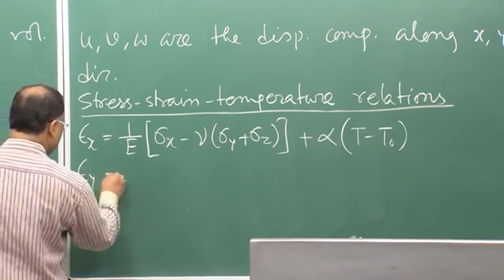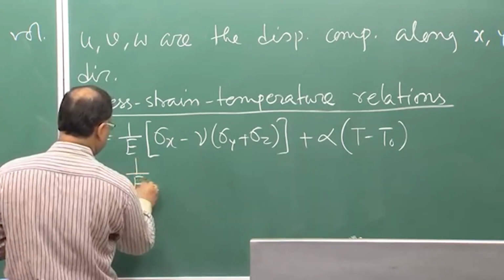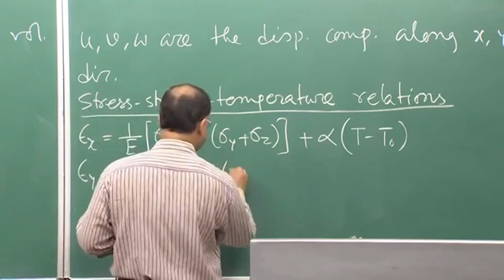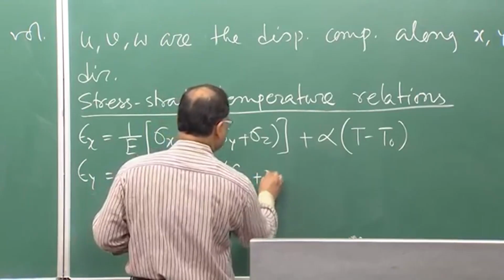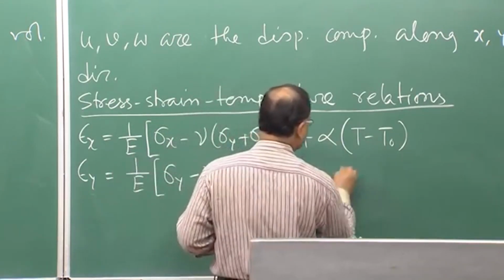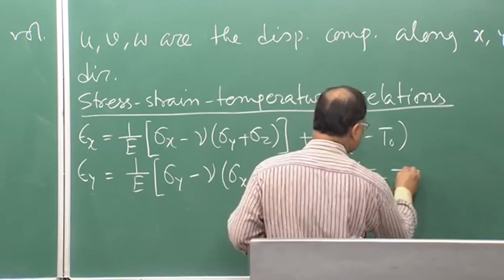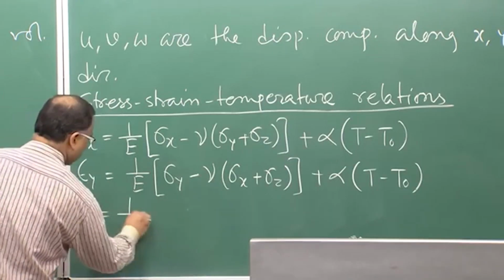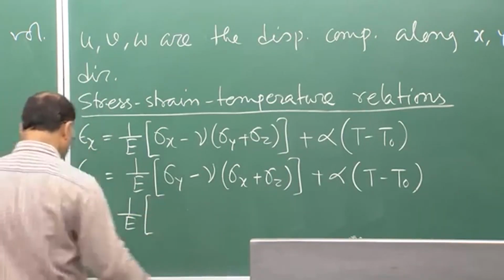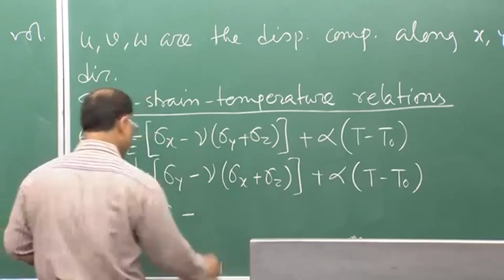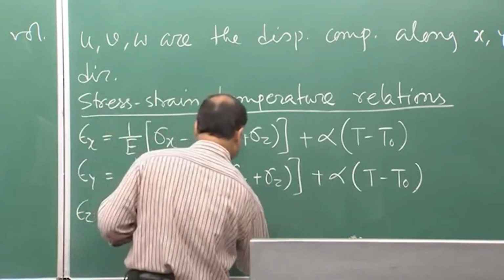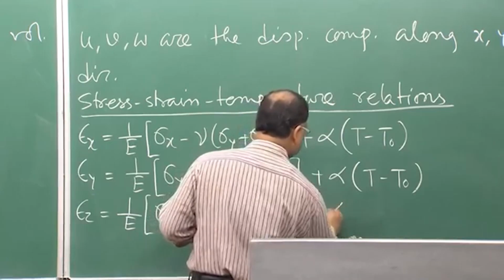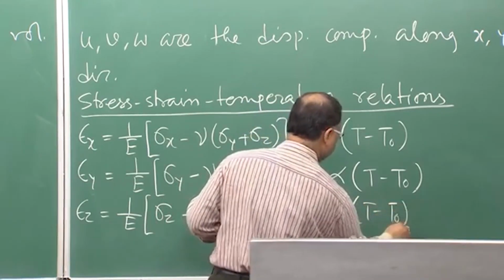Similarly, epsilon y is equal to 1 by E sigma y minus nu, the Poisson ratio, into sigma x plus sigma z, plus alpha into T minus T naught. Similarly, epsilon z is equal to 1 by E sigma z minus nu into sigma x plus sigma y, plus alpha into T minus T naught.